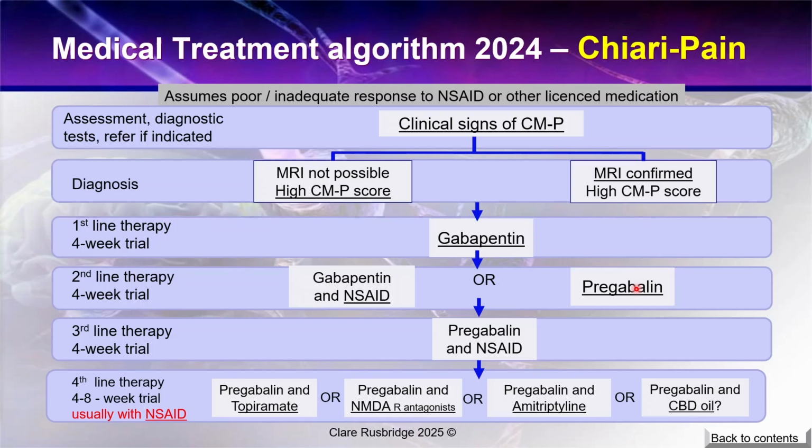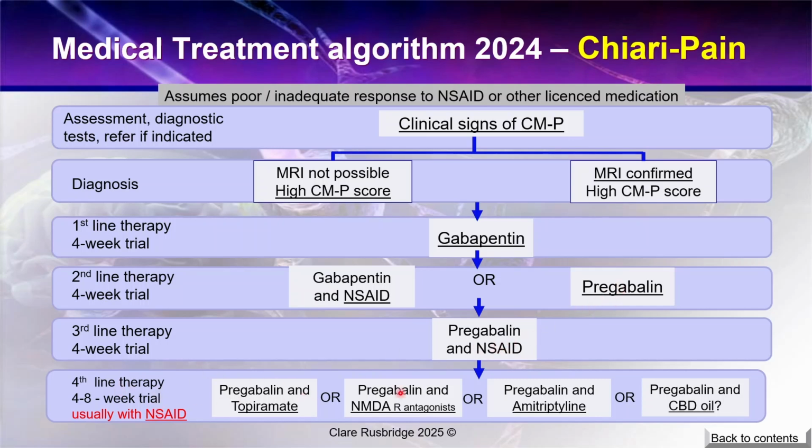It binds at the receptor for longer and has more bioactivity, so you can get away with a lower dose. And the doses for this you can find at my website and on the YouTube videos. The third line therapy would be to add a non-steroidal anti-inflammatory drug to this.